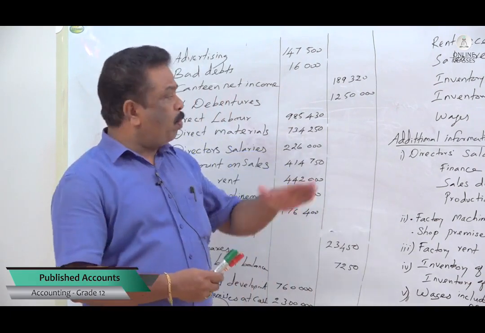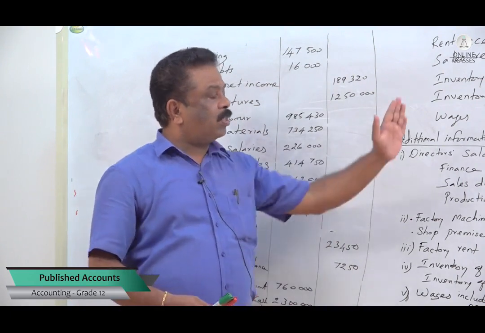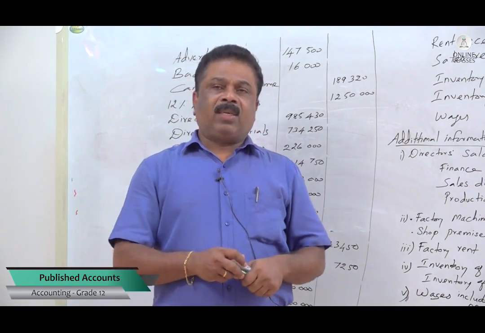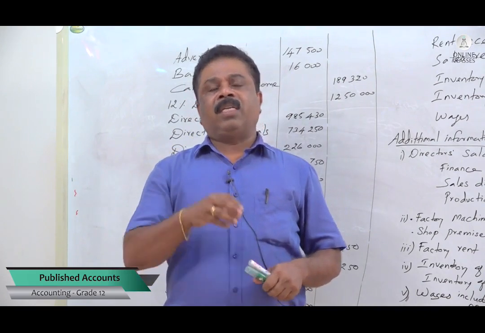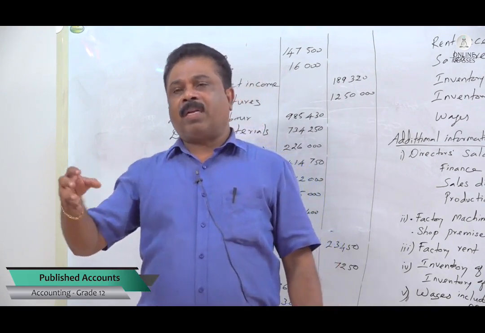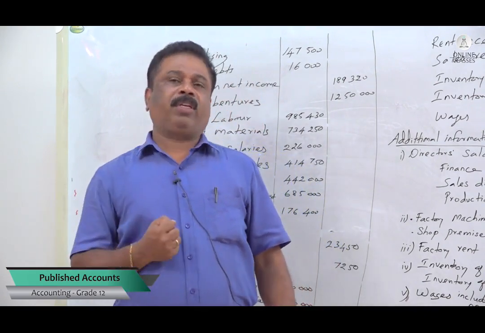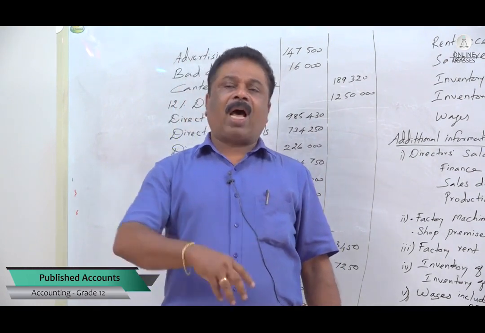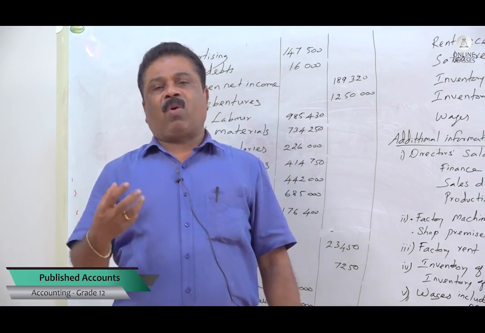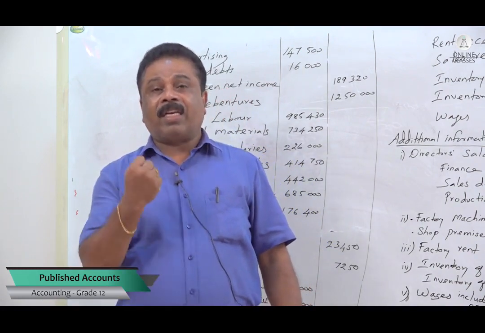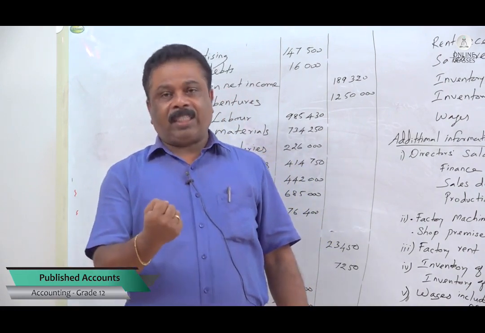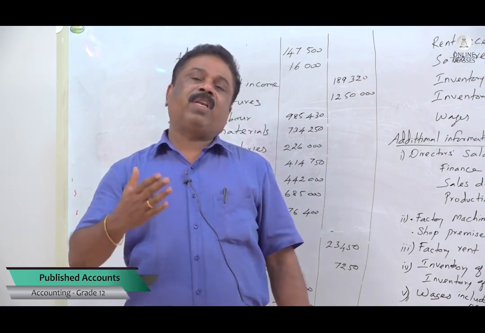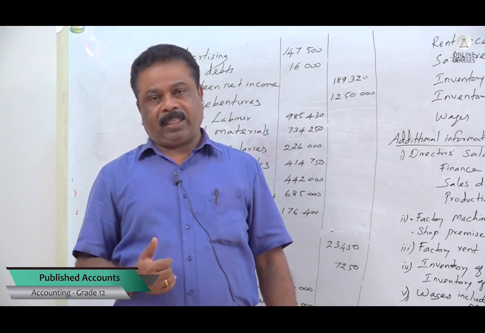So you can identify what those incomes are, and how to classify them is, see that investment income means the income we receive from the investment on shares and securities. So if the company invests in other company shares, we will get a dividend, that is a dividend received. So dividend received is an investment income. That is the income we receive from the shares and securities.